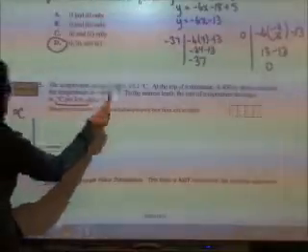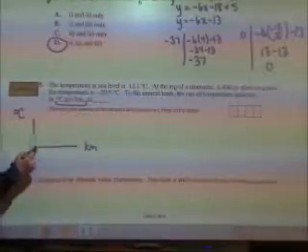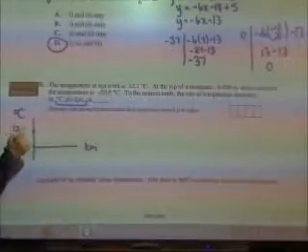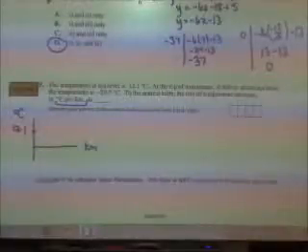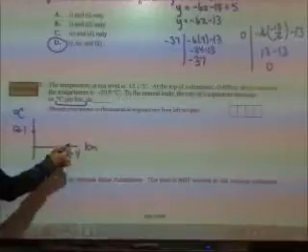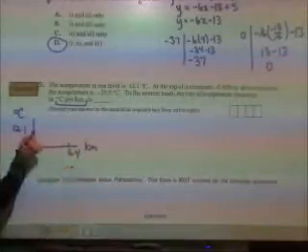The temperature at sea level is 12.1. So if this is 0, that means my temperature is 12.1. At 6,400 meters above sea level, which would be 6.4 kilometers, the temperature is now negative 29.5.